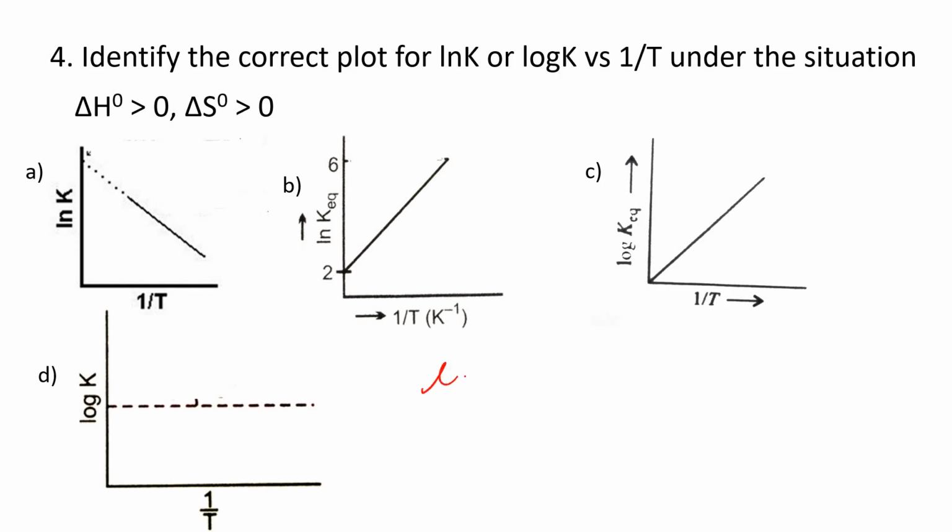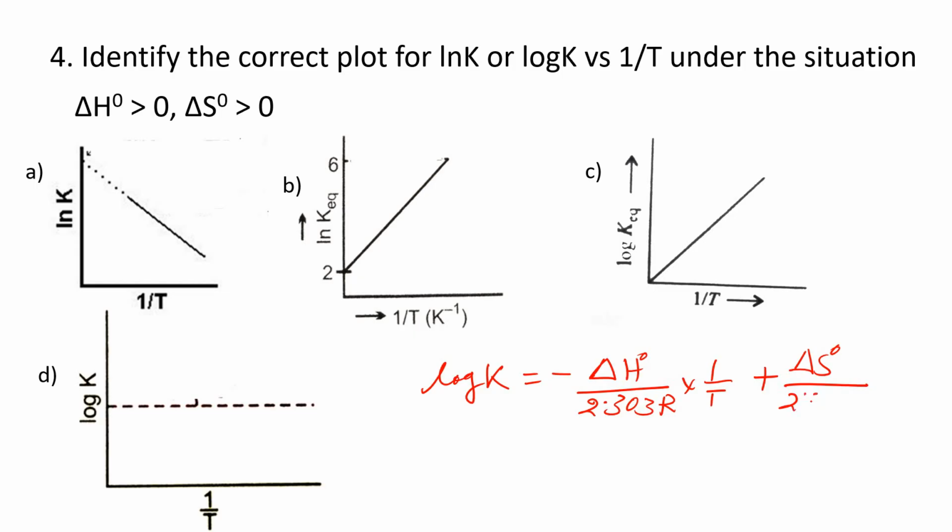So once again you write down this one: log K is equal to minus delta H0 by 2.303 R into 1 by T plus delta S0 divided by 2.303 R, right? Now, delta H0 greater than 0, that means it is positive.